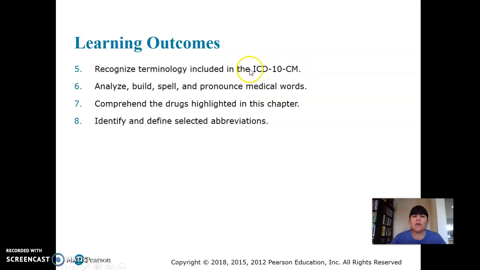Now this, in the previous chapters, I said you don't have to worry about it. As we go, we're going to focus on it, like with every organ system. Analyze, build, spell, and pronounce medical words. That's what we've been doing so far. Drugs. They're starting to talk about drugs now because this is medical terminology. What are drugs? And then some abbreviations. So those are the learning outcomes for this chapter.